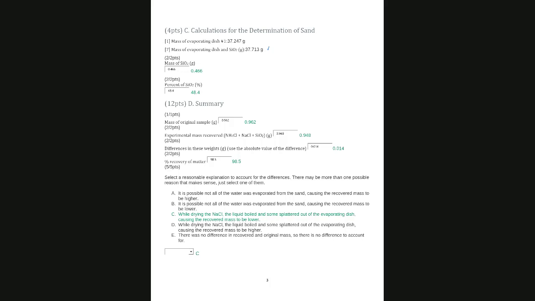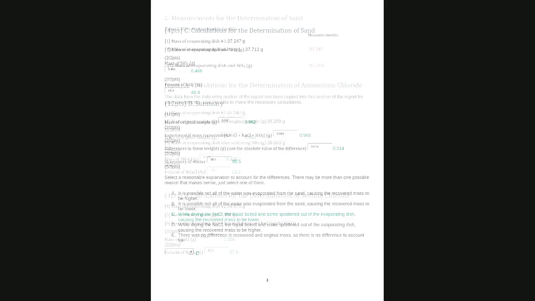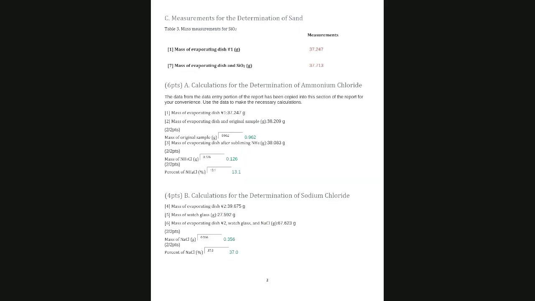And then they come in part B with a summary. We calculated this at the beginning, but they ask you to write it again. What is the mass of the original sample? You know from the beginning, we had that. Remember? Let's look. Here, mass of original sample.